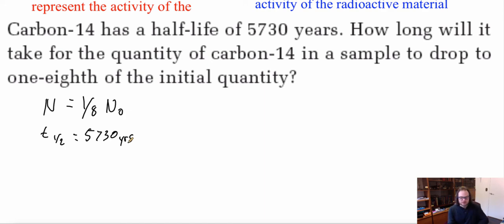Okay. Now we're going to look at my formula, where my new amount of nuclei is equal to the original amount of nuclei times 1/2, all to the power of the time elapsed divided by the half-life time.